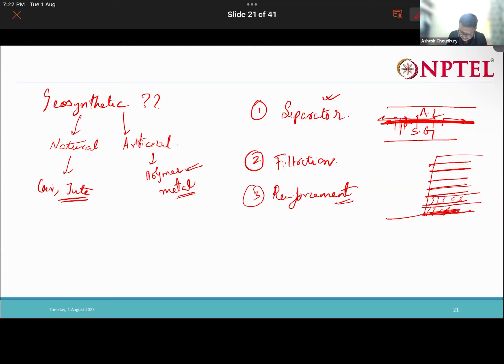This geosynthetic material is tied into the fascia walls. The walls that we see here are just for acting as a fascia. They don't have any other property; they just have to give a good look. The fascia is used to hold the geosynthetic in position, to tie the geosynthetic here, and also to give a good look.